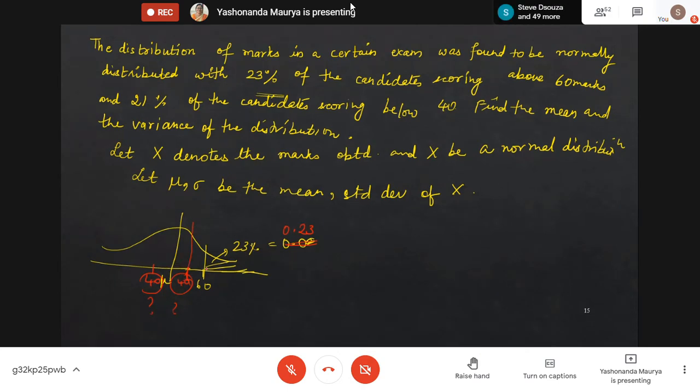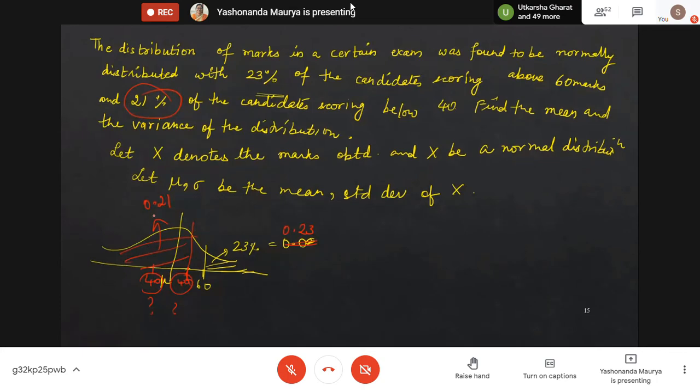Then the students who have scored below 40 are this region, and we have 21% of the students, so this area will turn out to be 0.21. Is this clear?